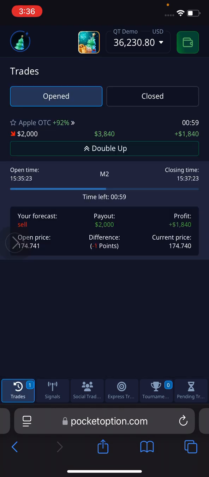When do you use this is the question. I personally think that you don't want to get in the habit of using this too often. You definitely don't want to use it on every single one of your trades.